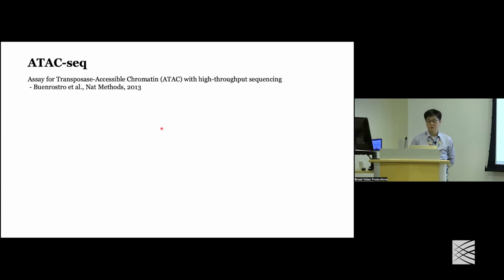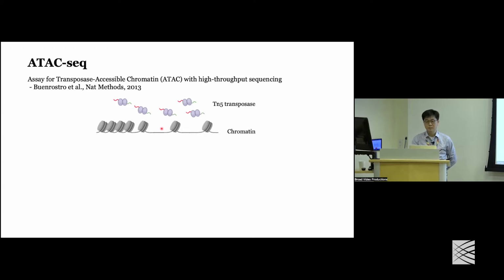And it is now one of the most popular methods to detect open chromatin regions in the genome. The ATAC-Seq experiment starts by treating intact nuclei with the Tn5 transposase, which is preloaded with the sequencing adapters, shown here as the red and green strings.